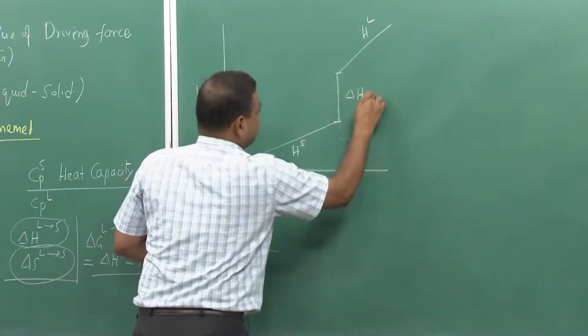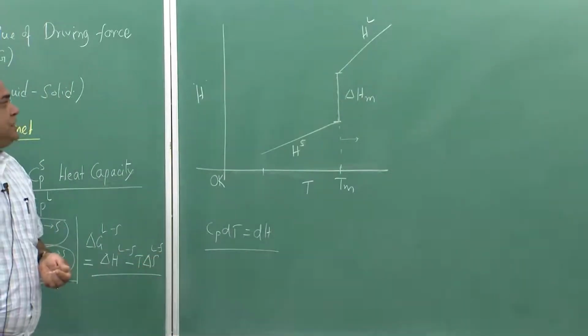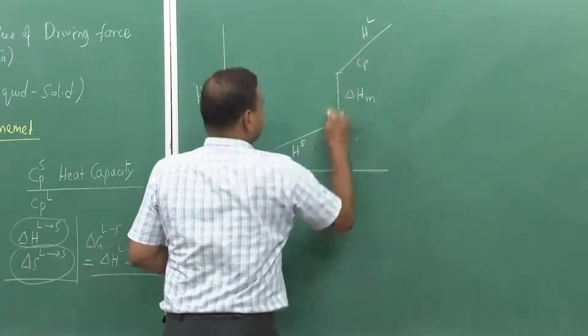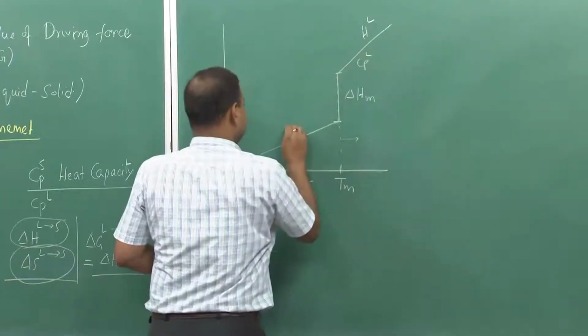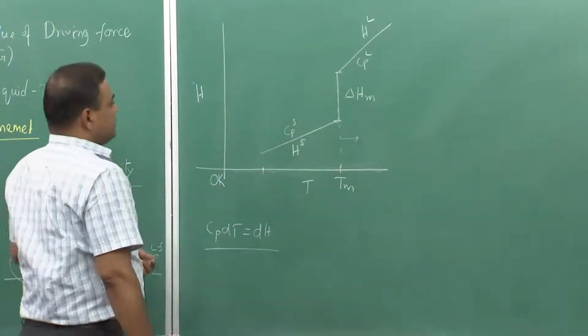And as we know, the melting is a first order transformation, and at that time there would be a sharp drop which we call the enthalpy of melting.